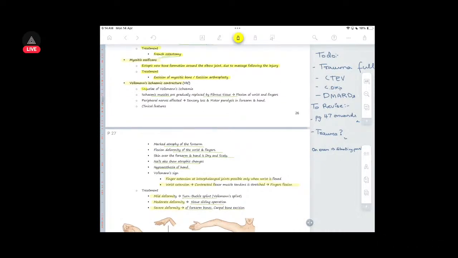Volkmann's ischemic contracture is the sequel of Volkmann's ischemia. Ischemic muscles are gradually replaced by fibrous tissue. There is flexion of the wrist and fingers. Peripheral nerves are affected, and sensory loss and motor paralysis in the forearm and hand are seen.